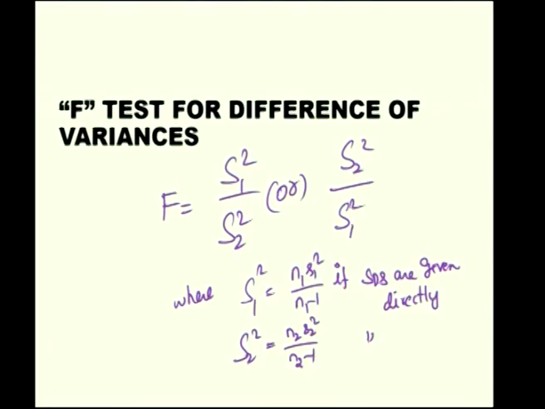Step 3 is level of significance and degrees of freedom. Degrees of freedom will be N1 minus 1 comma N2 minus 1 if the formula of F is S1 square by S2 square, or N2 minus 1 comma N1 minus 1 if the formula is S2 square by S1 square.